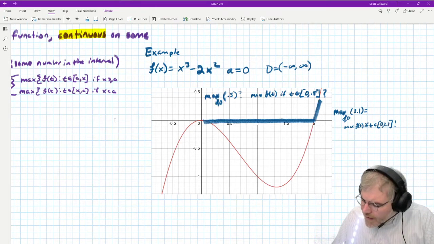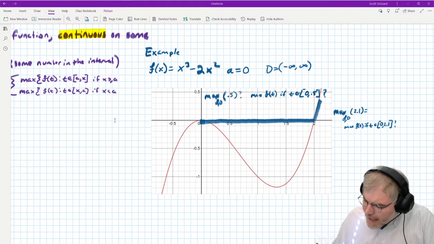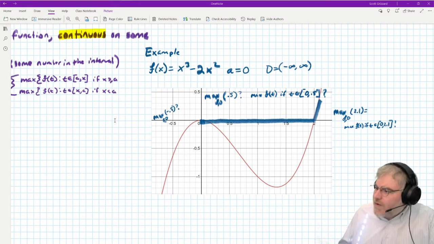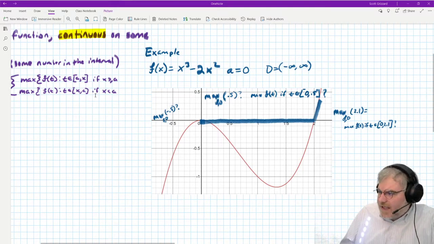Now, to the left, what's going to happen? If this is here, what is the max of negative 0.5? So what is max f, 0, of negative 0.5? So I use now the other side of my definition. Negative 0.5 is here, but a is 0.